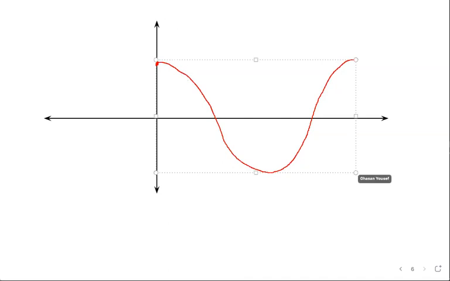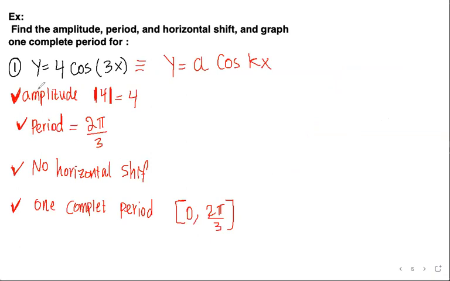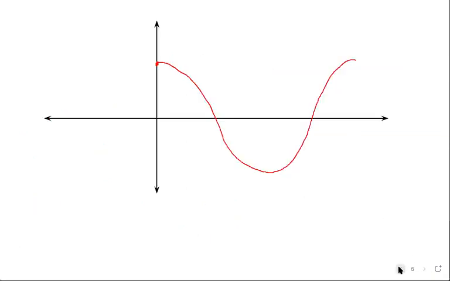This is the cosine function. This is the first step. Now, using these steps 1, 2, 3, 4, you can graph it, putting the numbers on the x and y axes.